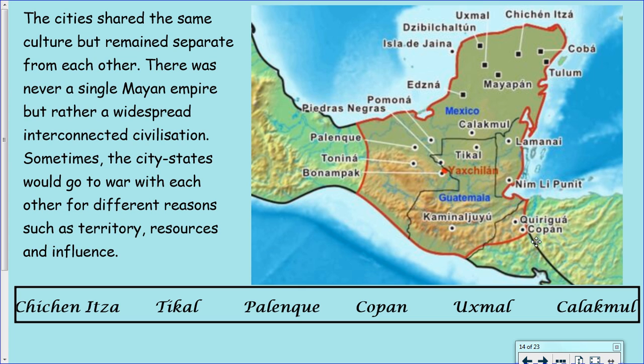Obviously you can see a lot more labelled up here, but Chichen Itza, so this was located, and the ruins are still there up in that Yucatan Peninsula part. We've got Tikal here in the northern part of Guatemala, Palenque over in the other part of Mexico, Copan down at the northern part of Honduras, or the northeastern part, Uxmal, up here again in the Yucatan Peninsula, and Calakmul in the Yucatan Peninsula as well.